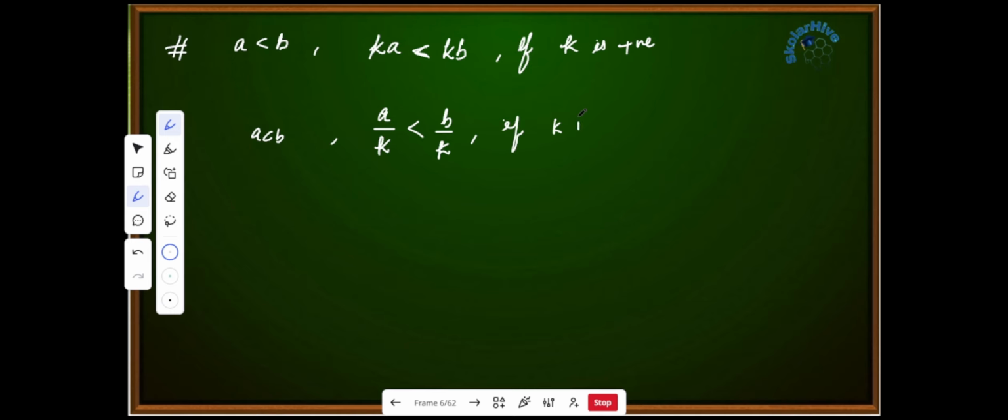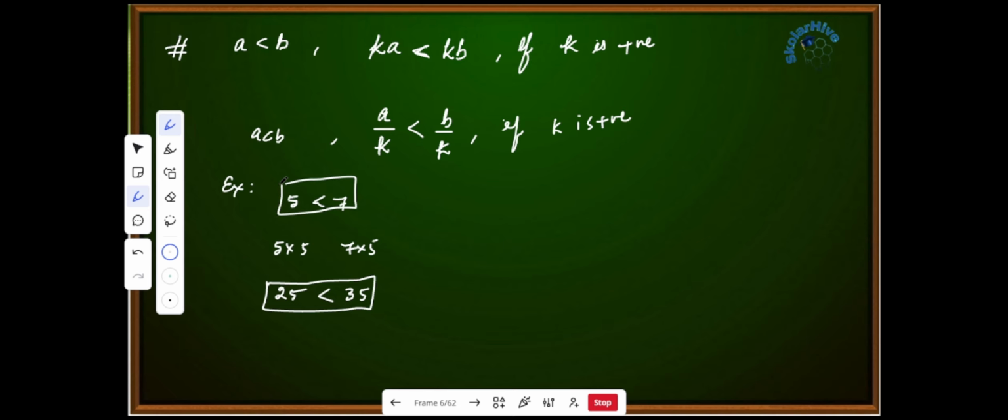For example, if we have 5 less than 7 and we are multiplying both sides by, let's say, 5, so 5 into 5 and 7 into 5, that will give us 25 and 35. Here 35 is bigger than 25, so we can see that initially we have the inequality of less than type. By multiplying either side by the positive number, we got a result which has the same inequality.